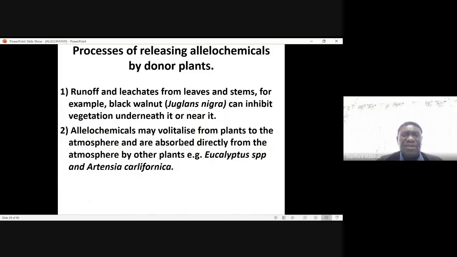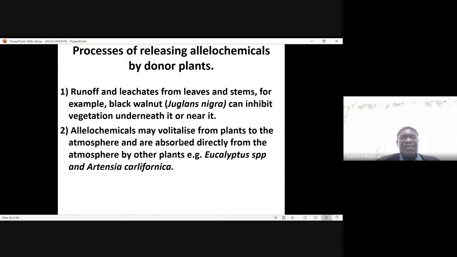Now let us look at the processes which are involved in releasing allelochemicals by donor plants. Donor plants are the ones which produce allelochemicals. Now, after rainfall, we can have what are known as runoff or leachates from the leaves and the stems.